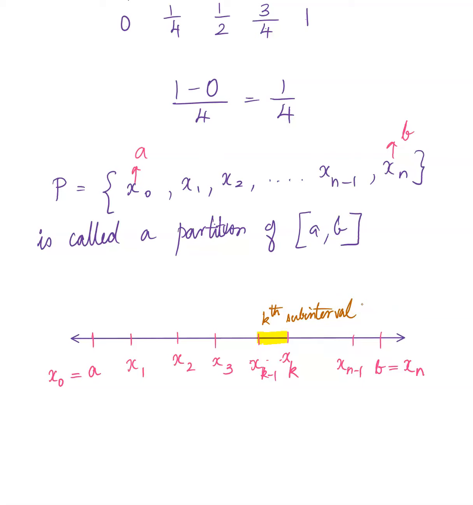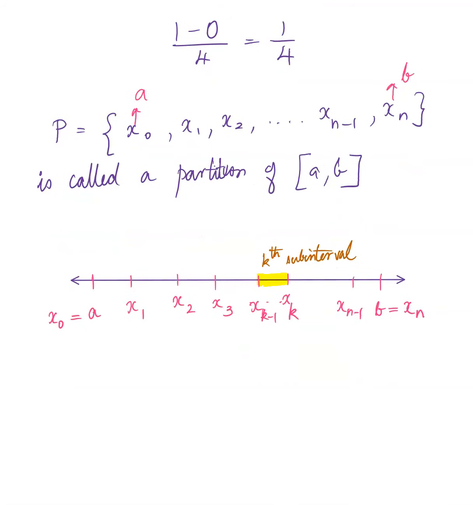Now, what do you think could be the width of these? If you consider the width between x0 and x1, we indicate the change or the difference in the axis with delta. So I'm going to call this delta x1, meaning that is the width of the first subinterval.